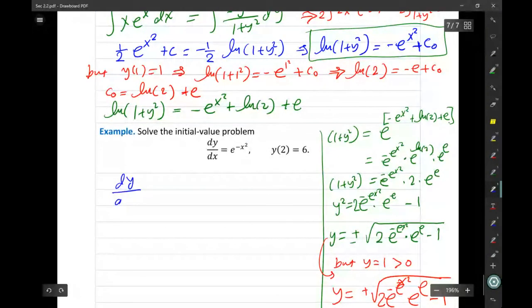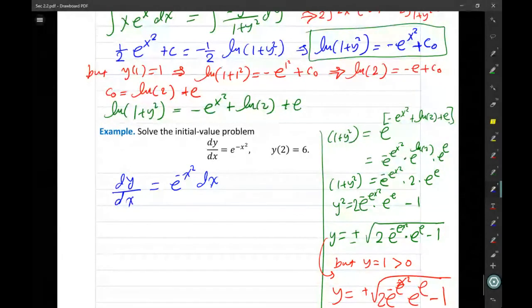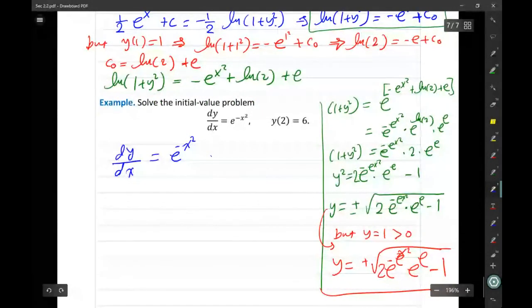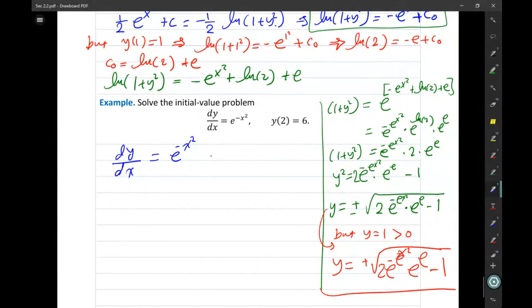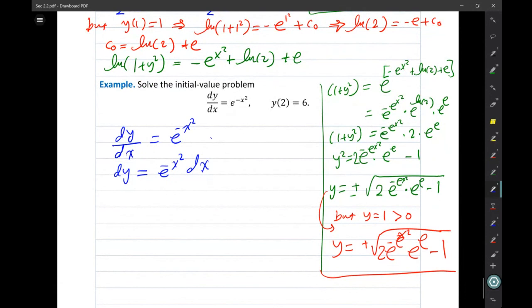Here we have dy by dx equal to e to the power minus x square. Sorry, remove this one. Now dy will be equal to e to the power minus x square dx. How can we integrate this one?